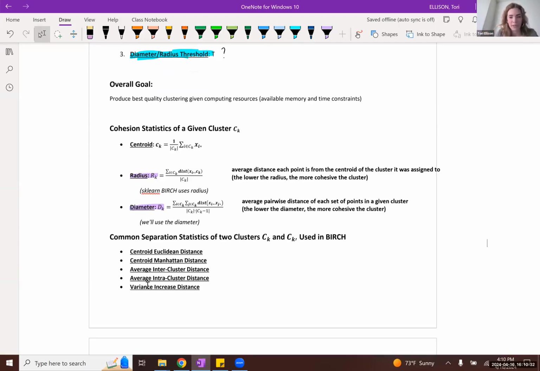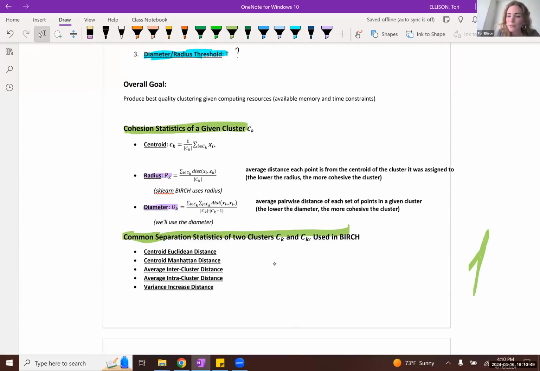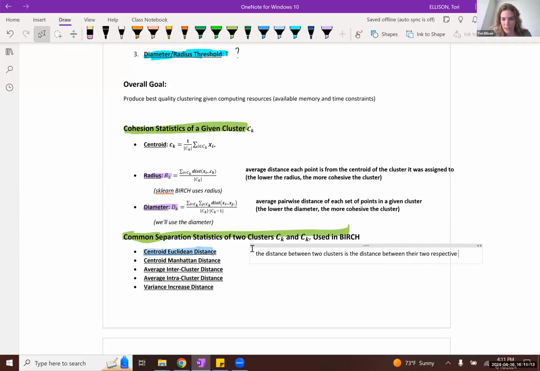So we also talk about measuring the amount of separation that exists between two clusters in Birch. There's a wide variety of ways that you could go about doing this when implementing the Birch clustering algorithm, but the one that we're going to use is the centroid Euclidean distance. So what we're saying in this scenario is that the distance between two clusters, we're choosing to measure as the distance between their two respective centroids.